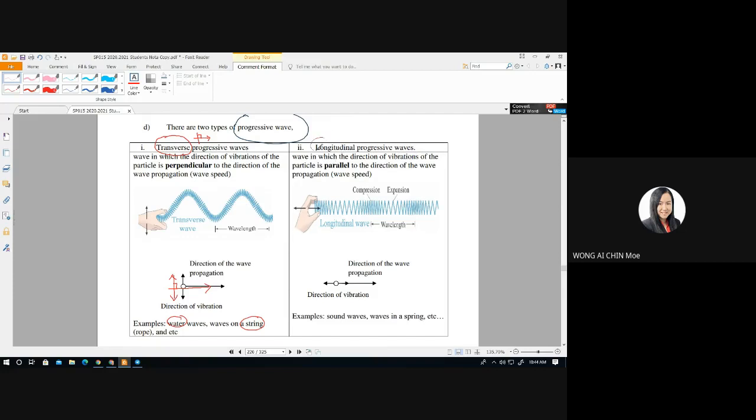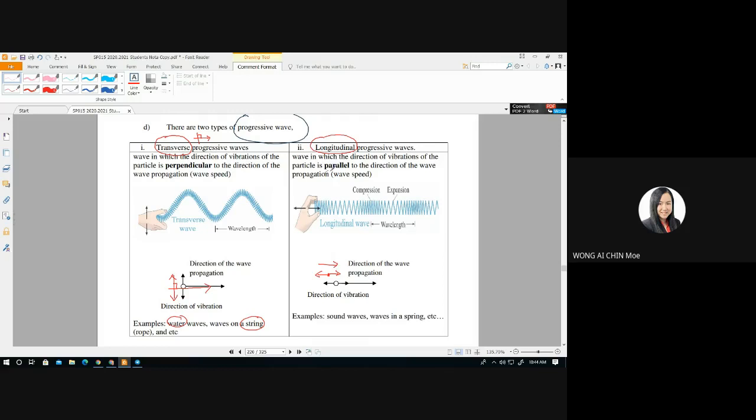So this is longitudinal. Okay, so your wave is moving to the left and moving to the right, and the direction is always parallel with the direction of the wave propagation.